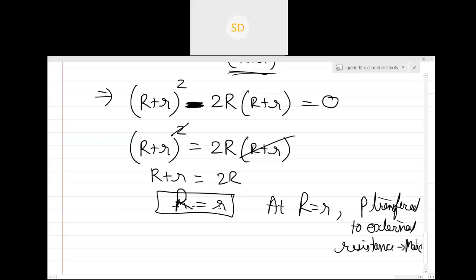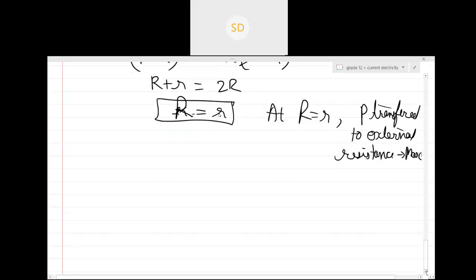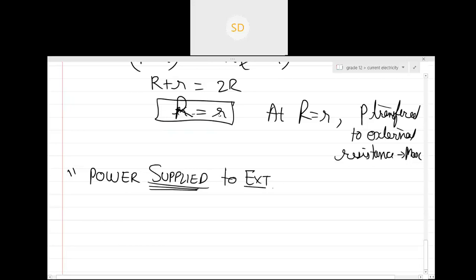So basically, what is the maximum power transfer theorem? Power supplied, please remember, power supplied to external resistance. These are all keywords, very important.